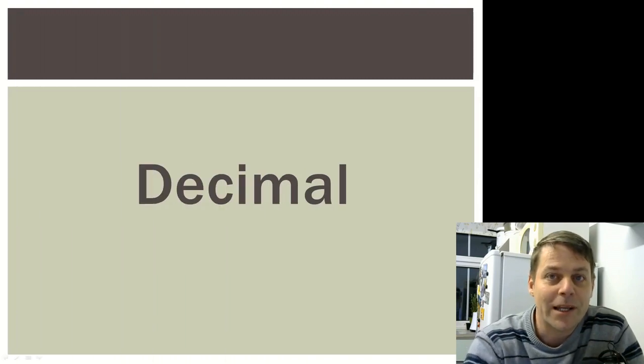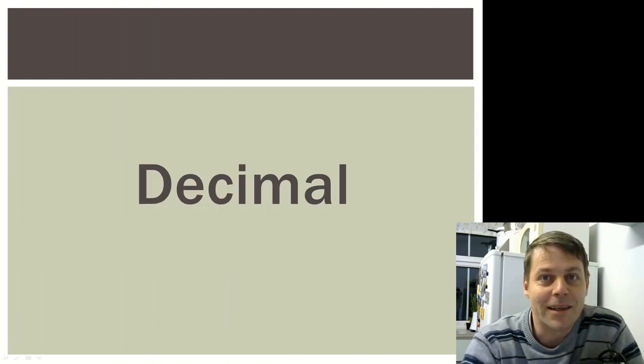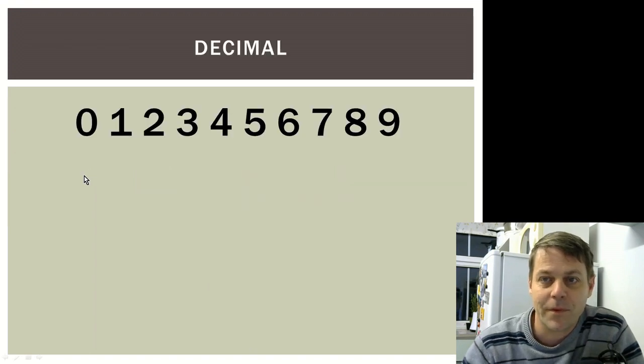Let's start by quickly looking at how we represent numbers in the decimal system. It's called decimal because dec means 10, and we've got 10 digits to choose from. So we have the digits 0 through to 9.